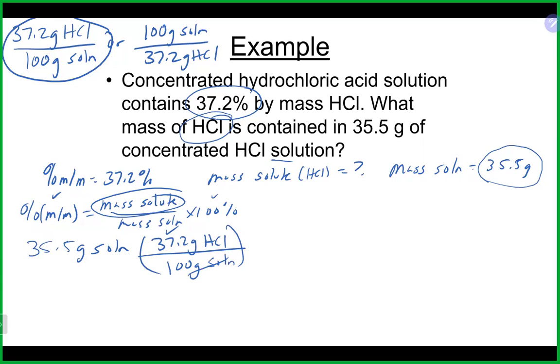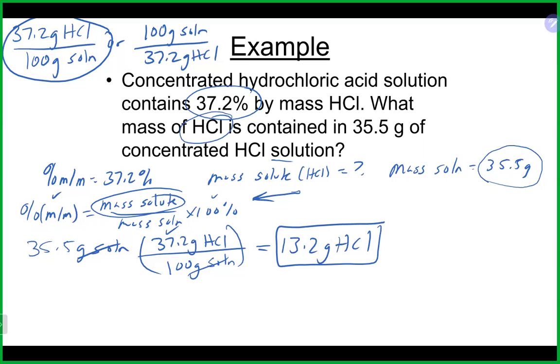The grams of solution will cancel, and we'll have 35.5 times 37.2 divided by 100. It'll give us 13.2 grams of HCl. By the way, that is the exact same math you would do if you just plugged it into the equation as well, but can't remember the equation.